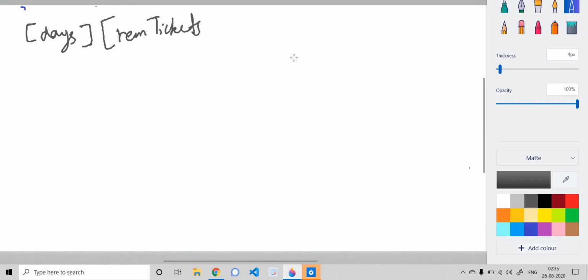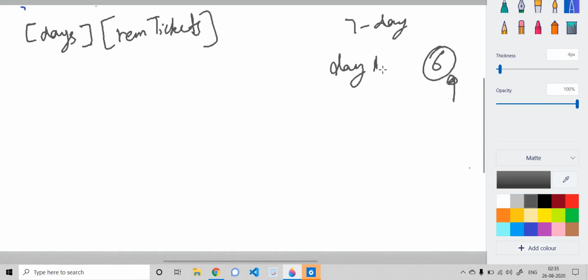Suppose we have bought a 7-day pass on day 1. Then after day 1 we have 6 remaining days on which we do not need to buy the pass again. This is the remaining tickets which I am talking about. Again, suppose we have bought the 7-day pass on day 1, then on day 5 our remaining tickets value would be 4.